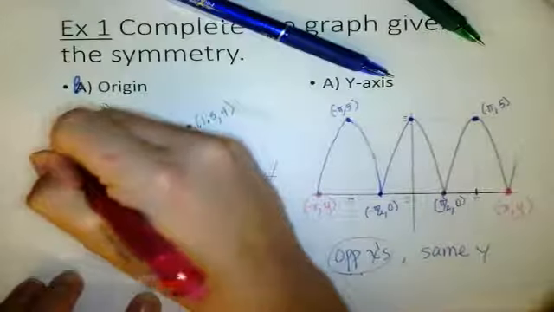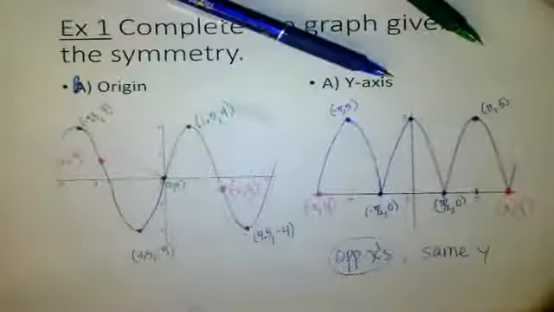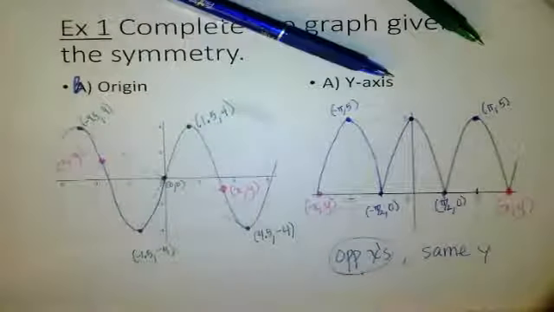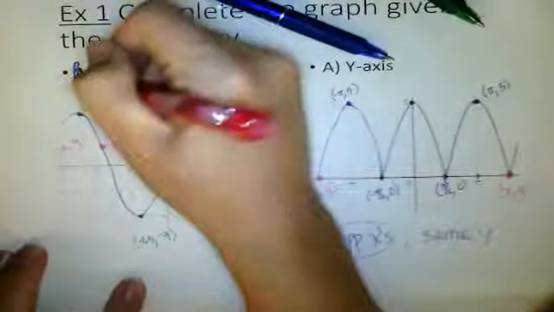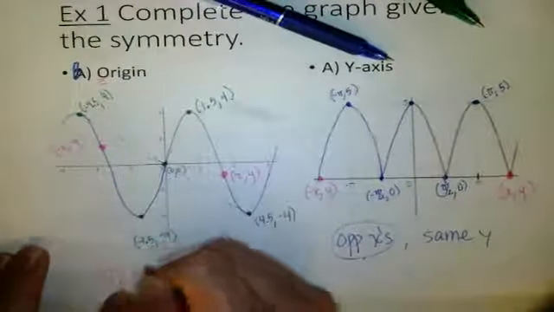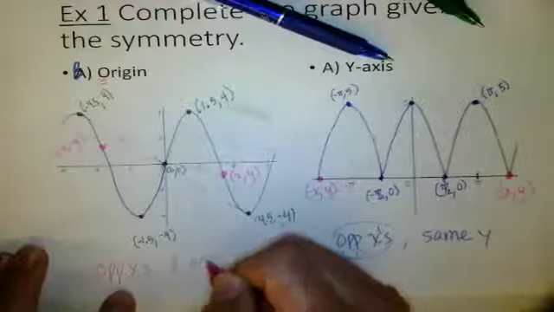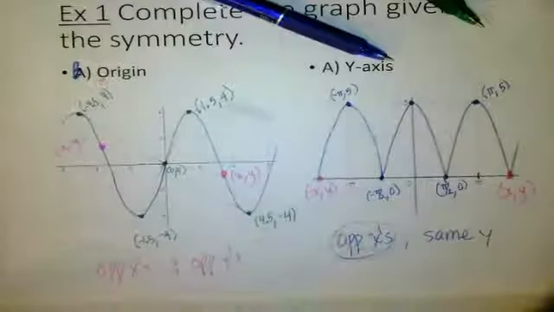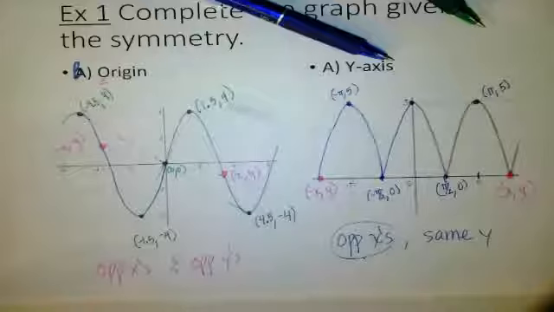Negative x, negative y. The opposite of what we started with for x and the opposite of what we started with for y. So origin symmetry, you'll notice, has lots of opposites. Opposite x's and opposite y's. And that is how we're going to be proving that algebraically.